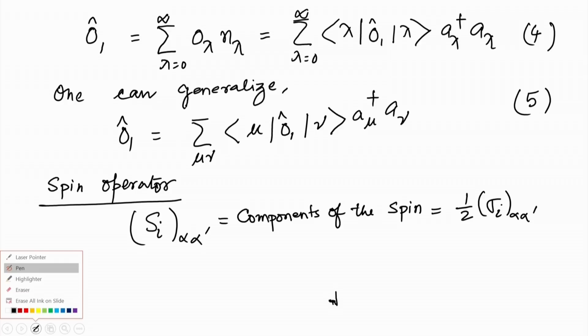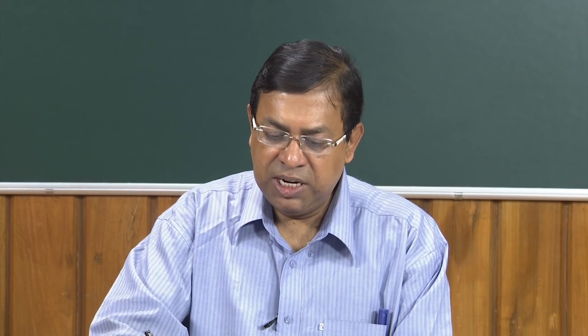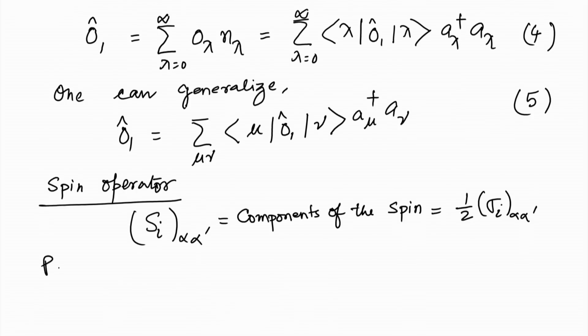This is the representation of a spin operator, and this spin operator is now going to be written in terms of the creation and the annihilation operators. Just before that, for completeness, let me introduce the Pauli spin matrices.